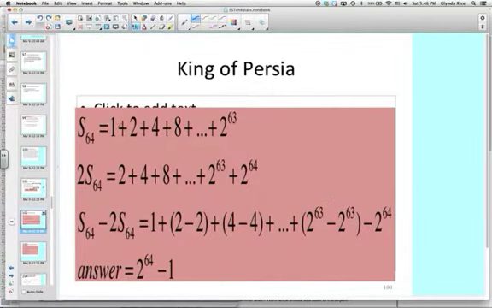Okay, let's go to the next page. So here you have it lined up. Now this time we're going to write 2 times S, so it's a tad bit different. Why? Because we want all powers of 2. So now the first series is 1, 2, 4, 8, as you saw on the page before. 2 times that series, 2, 4, 8. Now we're going to do the first row, subtract the second row, but we're going to subtract this way.